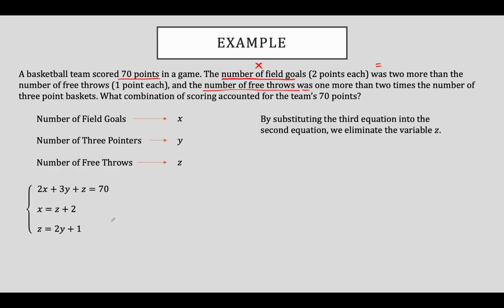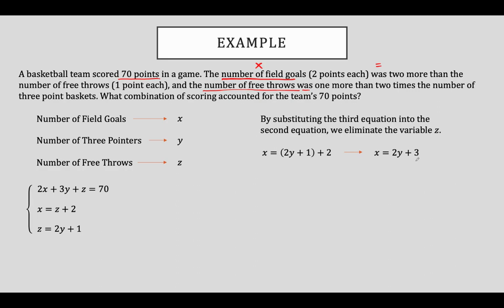Taking a look, we recognize that by substituting the third equation into the second equation, we eliminate the variable z. Plugging in the third equation into the second equation, replacing z with 2y plus 1, we get x is equal to 2y plus 1 plus 2, or x is equal to 2y plus 3. So now I have an equation that just has x's and y's in it.